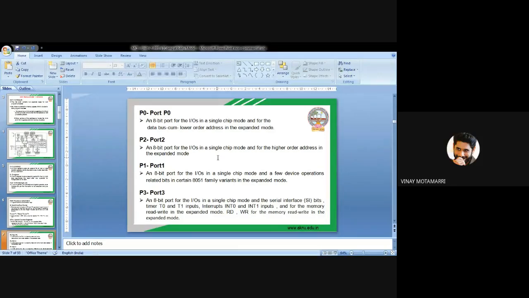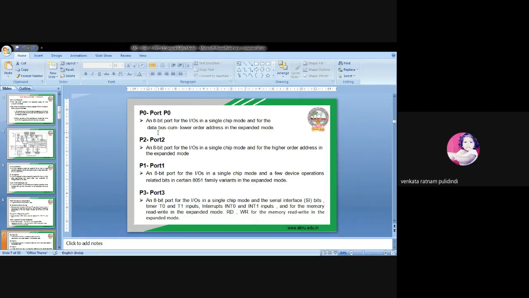Yes, sir. Okay, so the 8051 microcontroller has four ports. Port 0, that is P0, is an 8-bit port of IO lines. It is dedicated for IO pins only in single chip mode, which means it can be used only as IO lines.